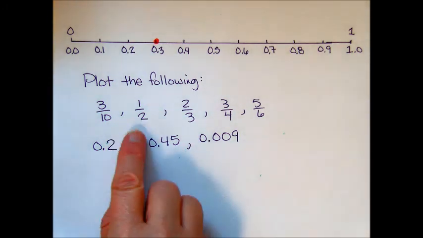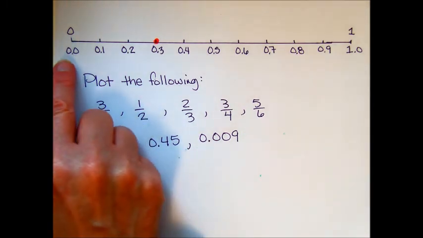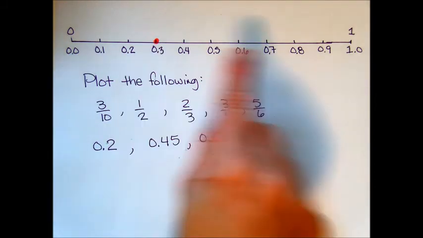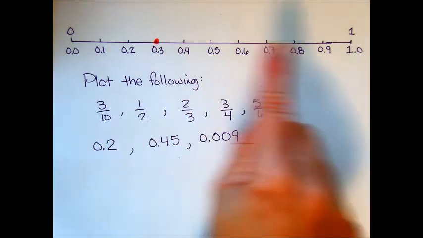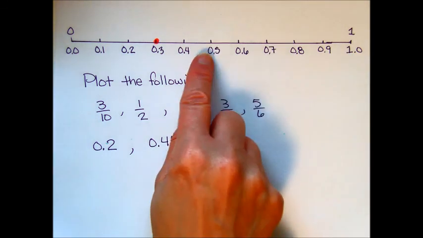The next fraction is 1/2. Now 1/2 is going to represent half of the whole. And if you know that your ruler or your number line is broken up into a certain number of increments, for instance, we're going from 0 to 1 or 0 to 10/10, then halfway is going to be 5/10.